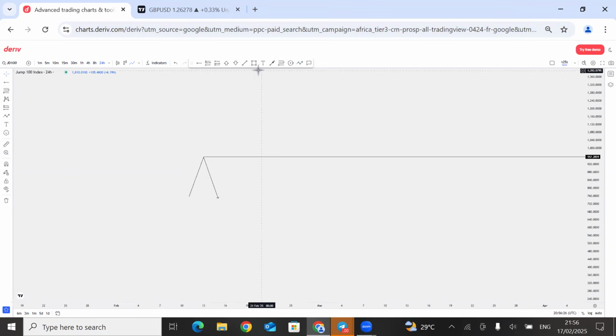So what are we expecting price to do? We're expecting price to come, tap into this key level, and reverse to the downside. So what are we expecting to see?